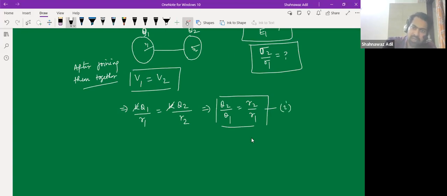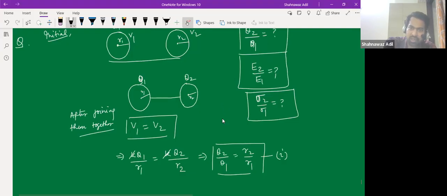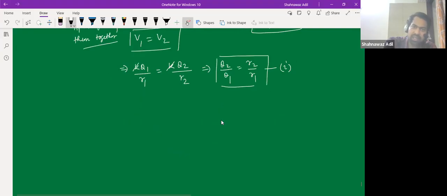Now we want to find out the electric field. Electric field is sigma by epsilon naught for a sphere. How is that? Electric field is not kq square, but kq by r square.